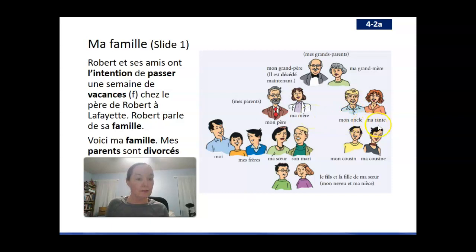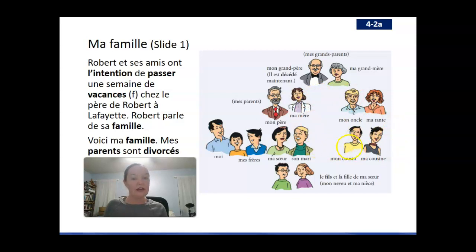Mon oncle, ma tante, oh, my uncle and my aunt. And notice that we have mon, meaning my, coming before a masculine noun or person in this case. Ma is the feminine form that comes before a feminine word or a female person in this case.